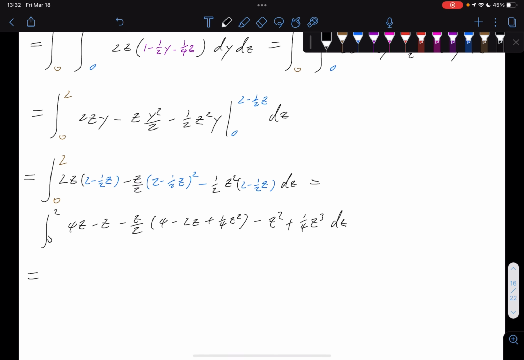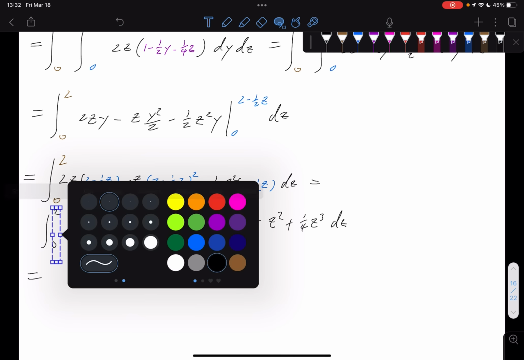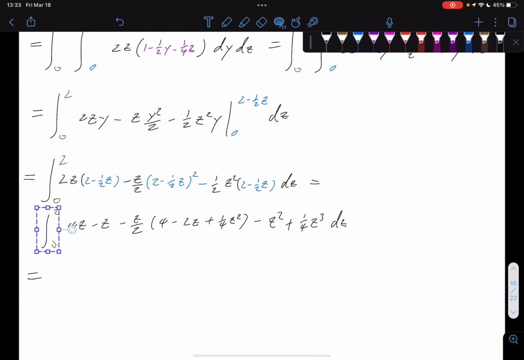Let's continue to simplify it. So let's copy, so that's just 3z right here. And then let's move this out.